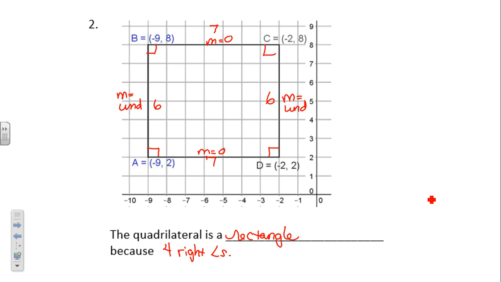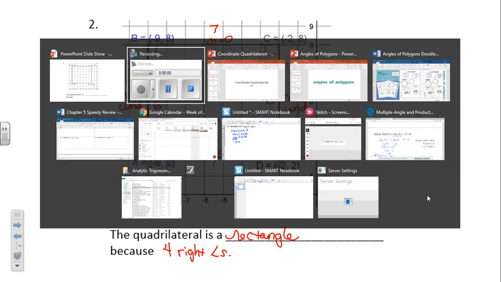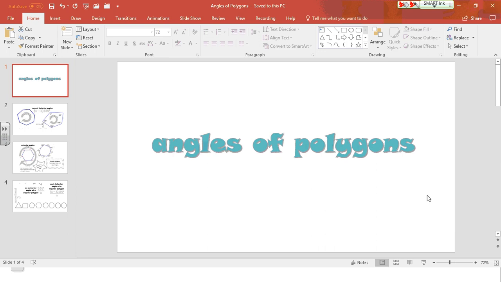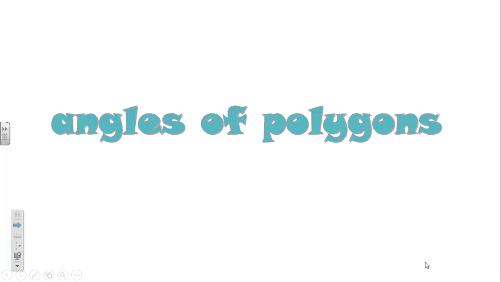Now, this is the other piece of the puzzle that was missing. Okay, on the first day of this chapter, I had you do an exploration to figure out what happens when we have lots of different polygons.